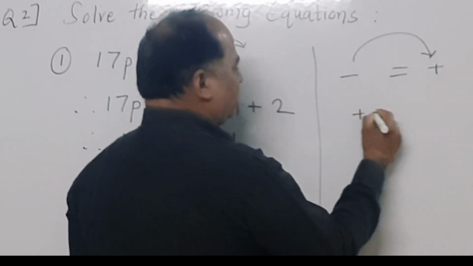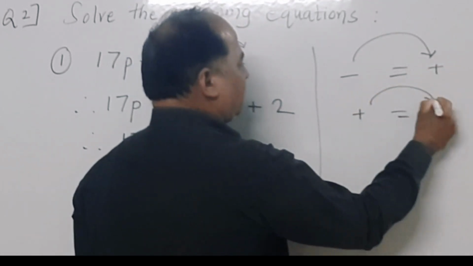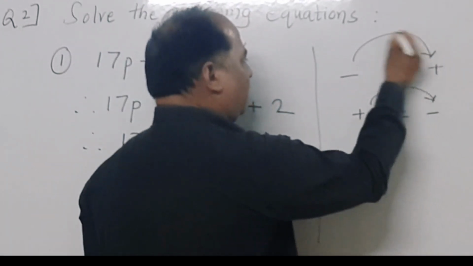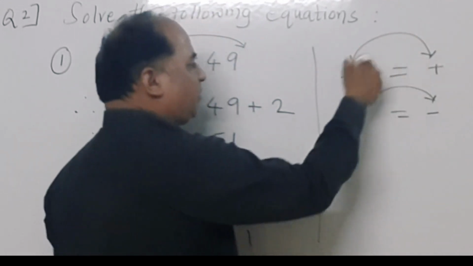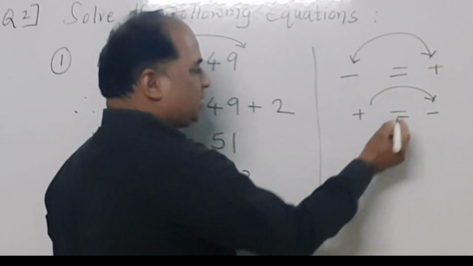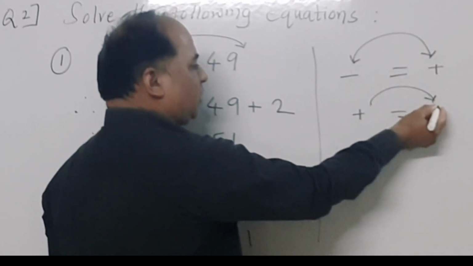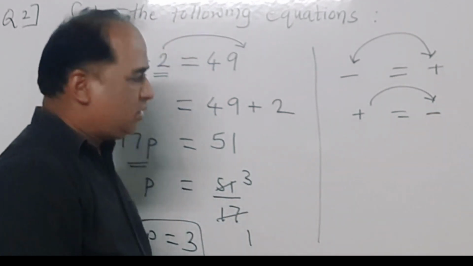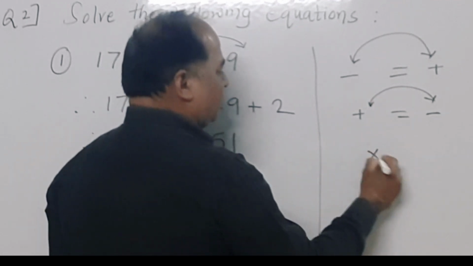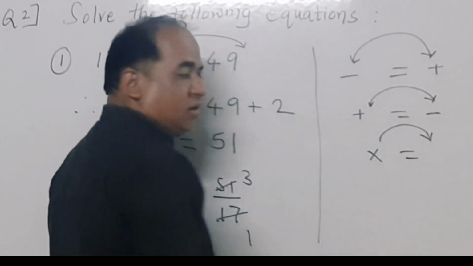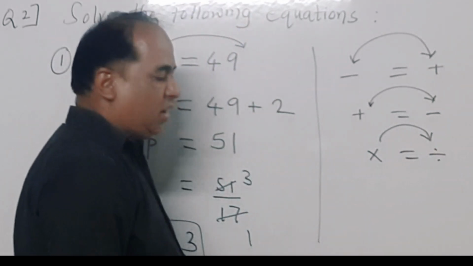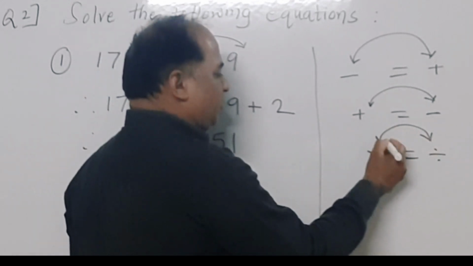When a positive number goes to the right hand side, it becomes negative, and vice versa. Similarly, when multiplication goes on the right hand side of the equality, it gets divided, and when division comes there, it becomes multiplication.